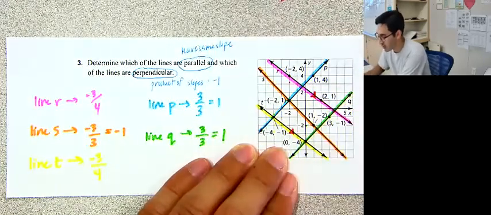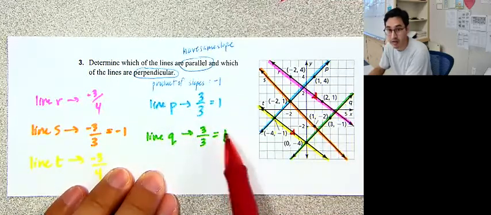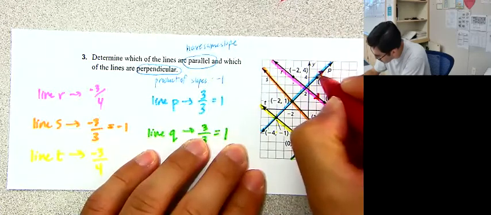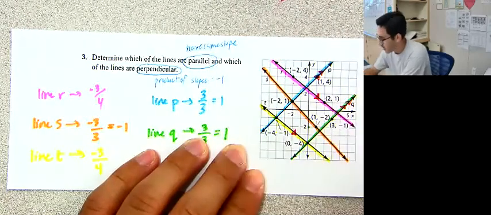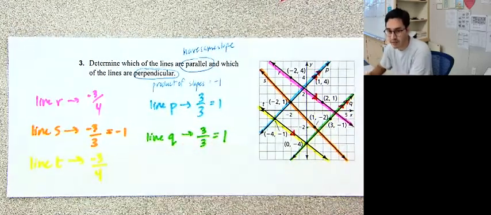So R and T are parallel. And line P and Q both have a slope of 1, so they are parallel as well. I'll use a double arrow for those lines. So the blue and green lines are parallel, and the pink and the yellow lines are parallel.